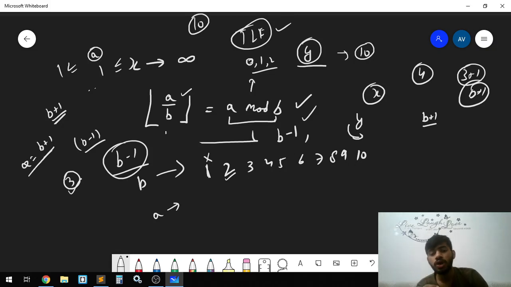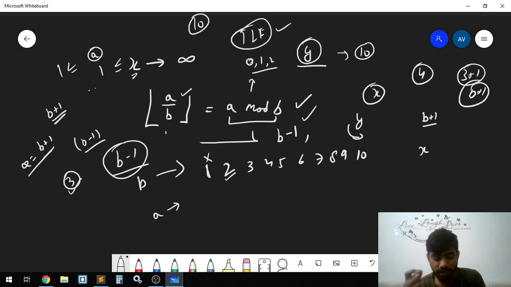So what we can do is use simple math and calculate. If I am given x, then I can find the maximum b possible such that it can form a special pair with me, such that its a is present in x.